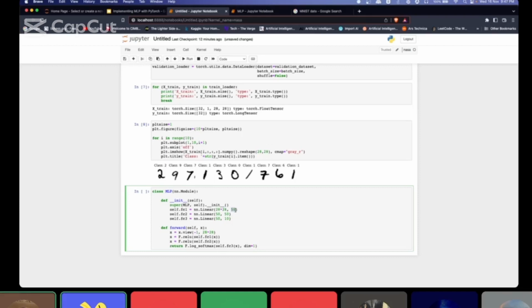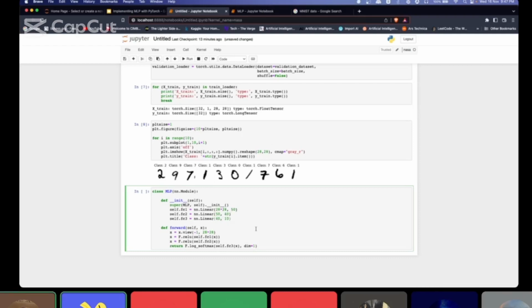That's why the second layer has to start from 50, because the previous one is 50. Now the 50 goes to another 50. This is also an arbitrary number, so the 50 can even go to 34, it doesn't really matter, but you need to make sure that in the third layer you change this also to 34. I'm just probably going to keep it at 40.